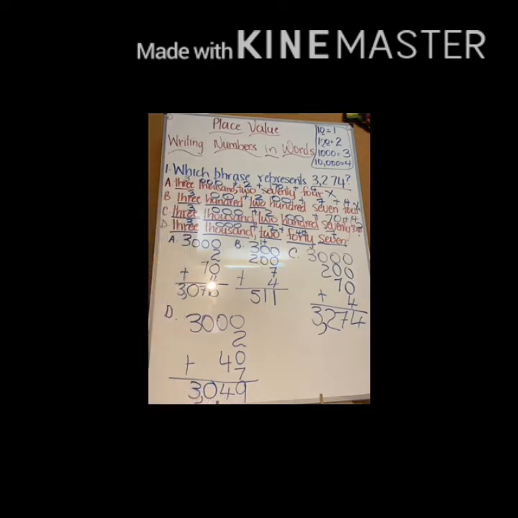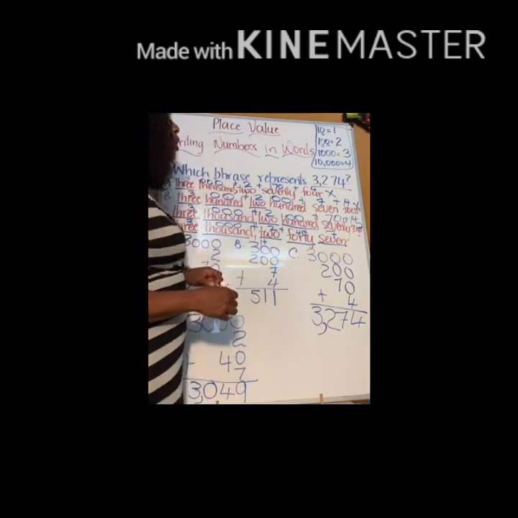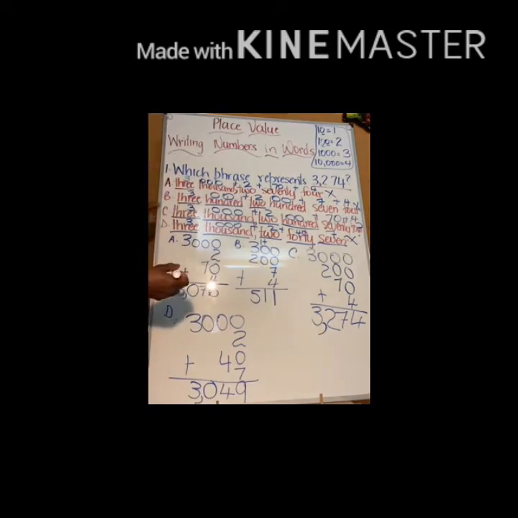I put my comma there. So this one is 3,049. It's wrong because I'm looking for 3,274. So now I can say that answer choice C is correct, and I'm going to circle that.